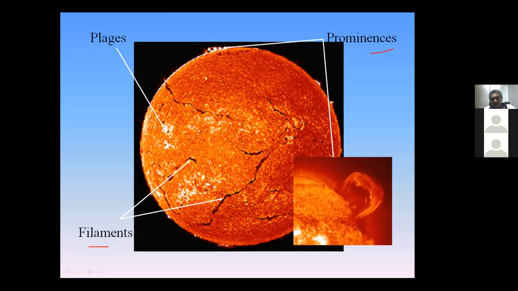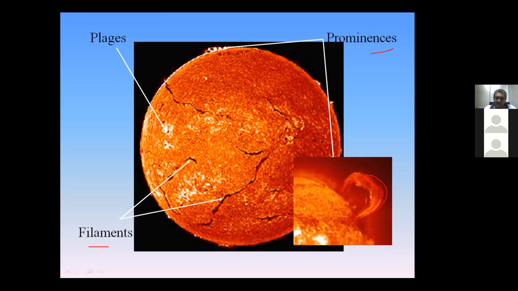We just see that it is on the surface, so we identify it as a filament. But when the filament rotates and goes to the limb, it will look like this. It's just hanging, right? Therefore, the temperature in these areas is low compared to the surface. That's why we see these dark features.